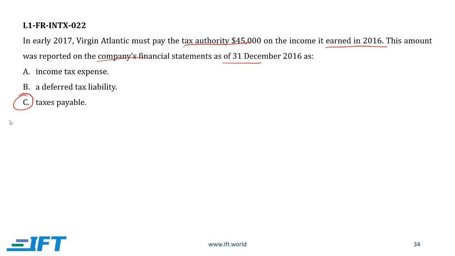What is your taxes payable? That is your liability. What is your deferred tax liability? That is carrying amount minus tax base into 0.3. Over here they are just saying that you owed how much to the tax authority? 45,000. So this is what? Taxes payable. Income taxes payable.